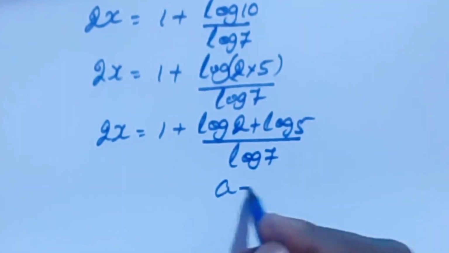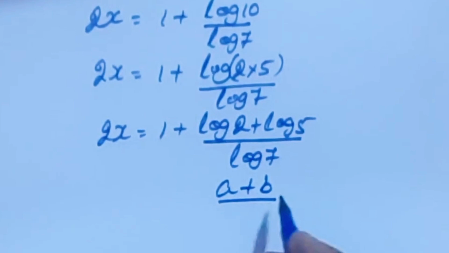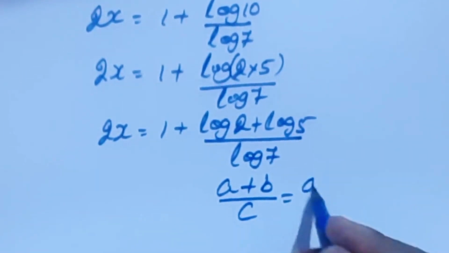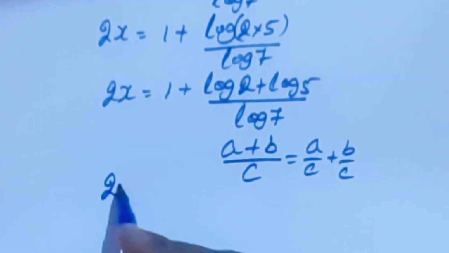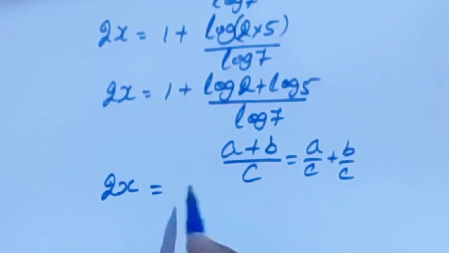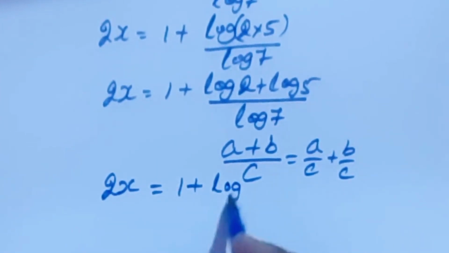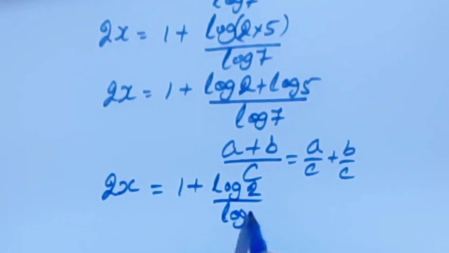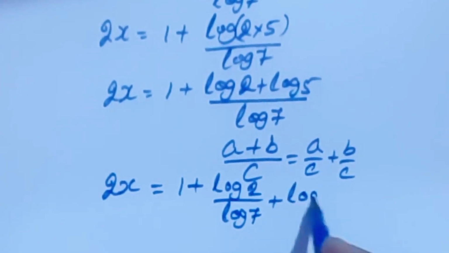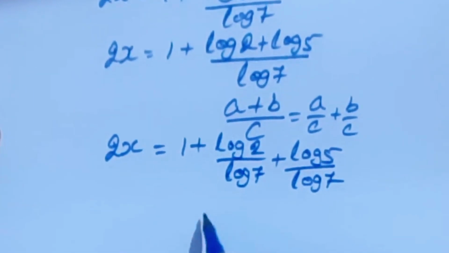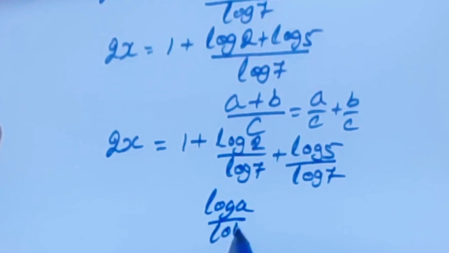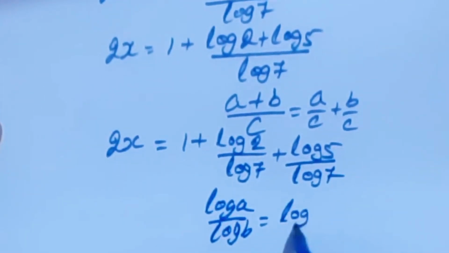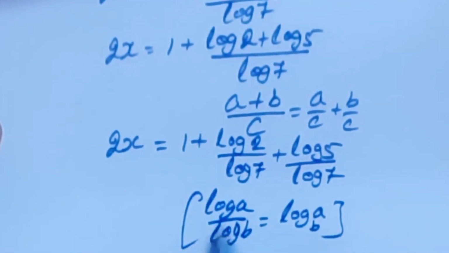Here a plus b by c equal to a by c plus b by c. This we are going to apply here. So 2x equal to 1 plus log 2 by log 7 plus log 5 by log 7. Here we are going to apply this log a by log b equal to log a base b. This we are going to apply here and here.